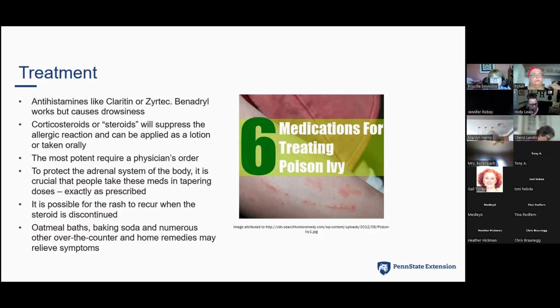My suggestion is that if it is a significant outbreak, it's worth a trip to the physician, who is likely to prescribe either a prescription strength hydrocortisone cream or even a tapering dose of oral steroids. They need to be taken exactly as prescribed.